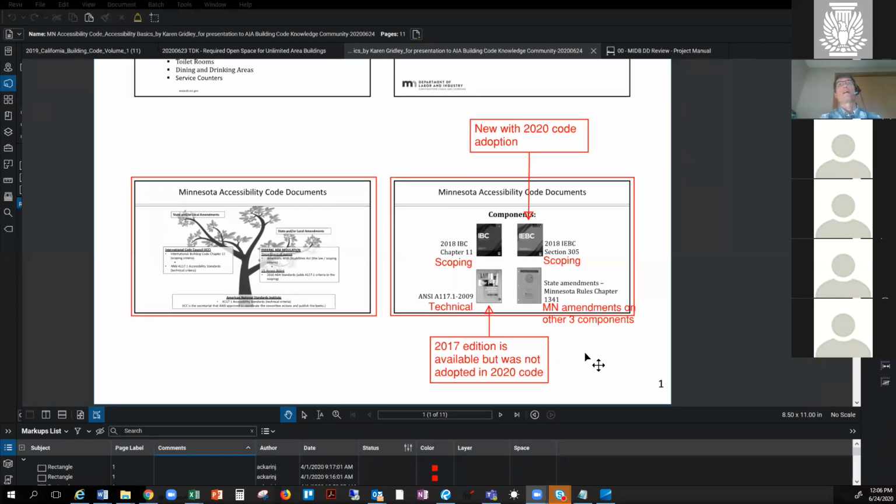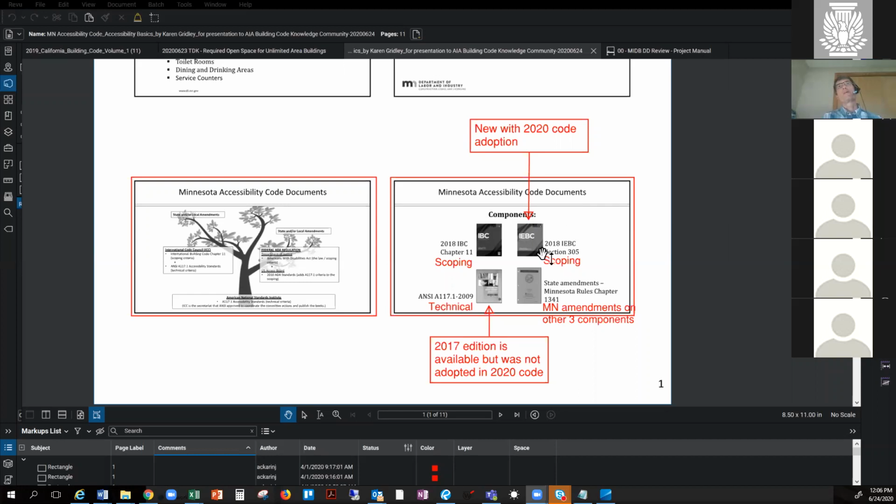So the ANSI A117.1, the technical part of it, is what we're actually going to be addressing here. The book probably doesn't show it there, but that's what it looks like. This is the 2020 version, and that incorporates both the ANSI 117.1 and the amendments to go with it, which are addressed on the other side of the equation here.